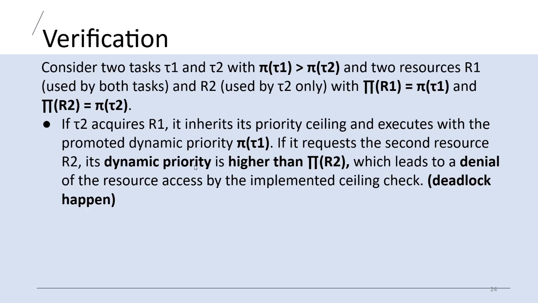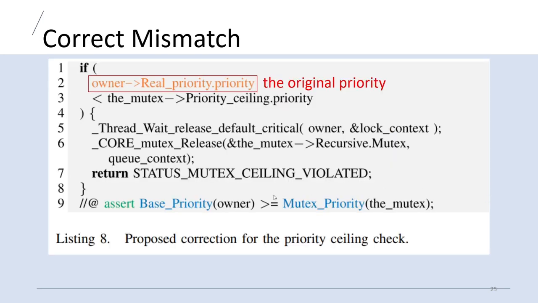So the dynamic priority is higher than the ceiling of R2, which leads to a denial of the resource access by the implemented sharing check. To address this problem, they correct this mismatch by using the owner's original priority, not the dynamic one.